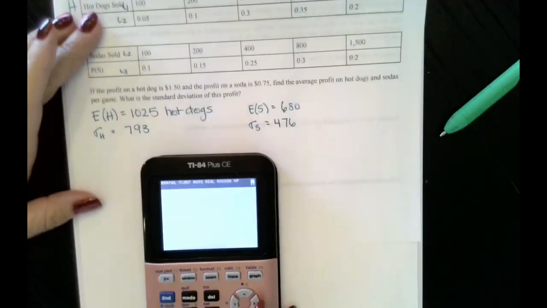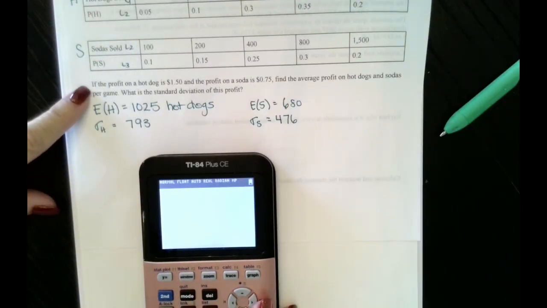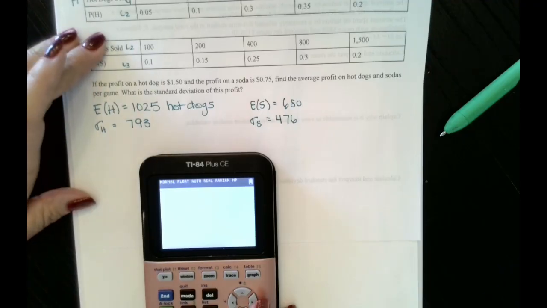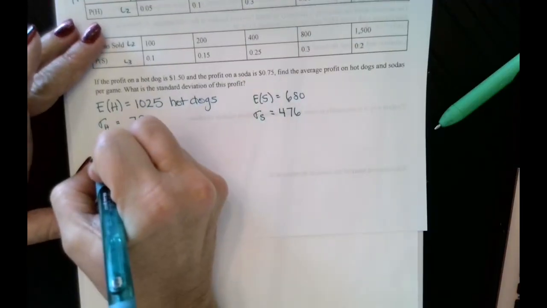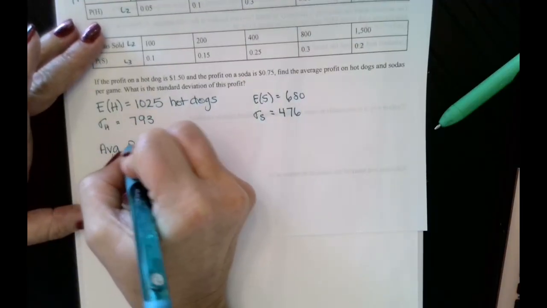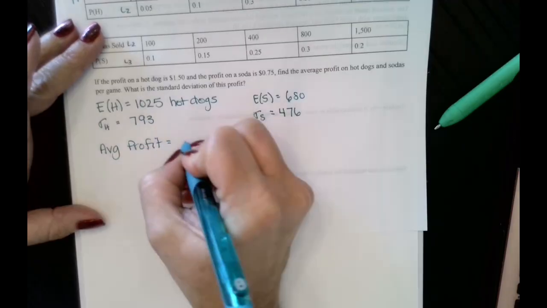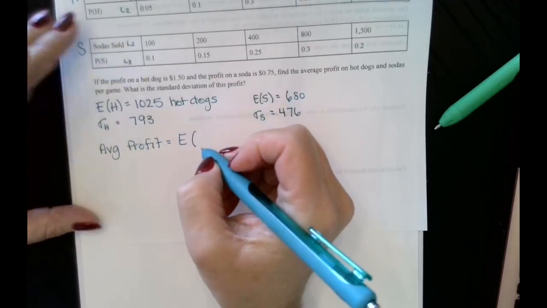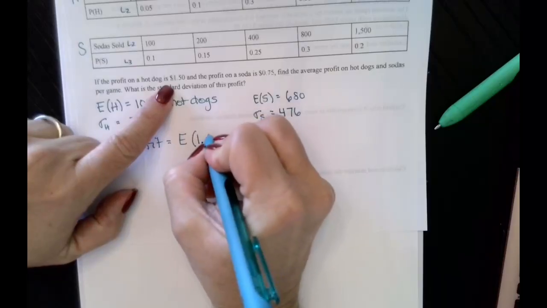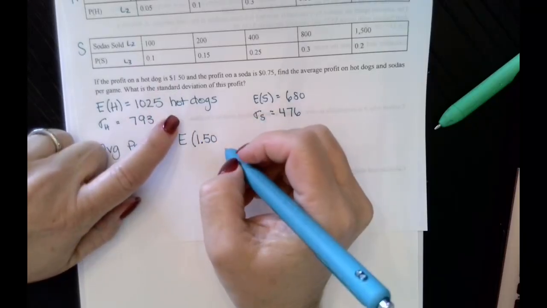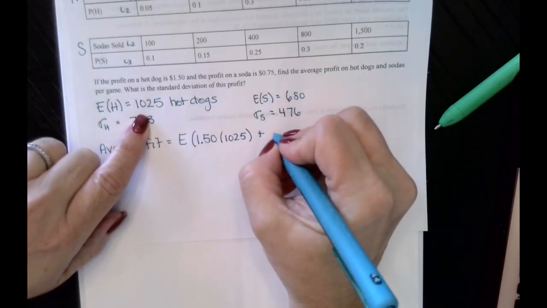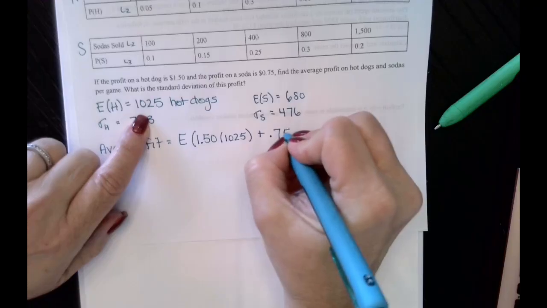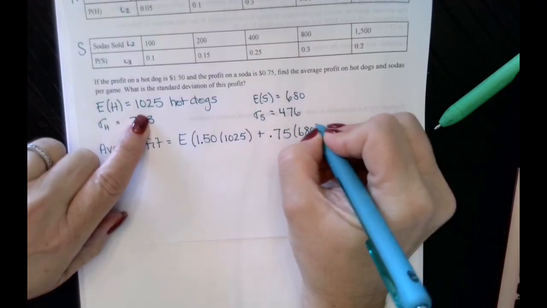Okay, now let's go back up here. It says, if the profit of a hot dog is $1.50 and the profit of a soda is 75 cents, find the average profit on hot dogs and sodas per game. So the average profit is going to be the expected value of my hot dogs, $1.50 times my hot dogs, 1,025, plus my sodas, which are 75 cents, times my average sodas, 680.